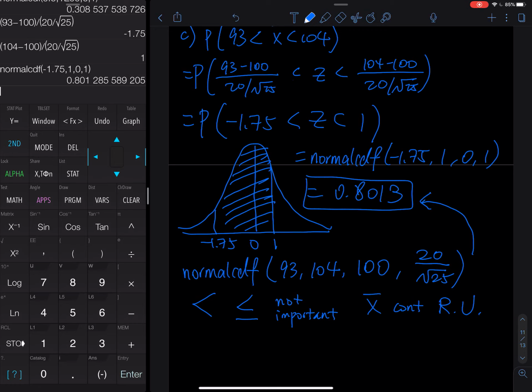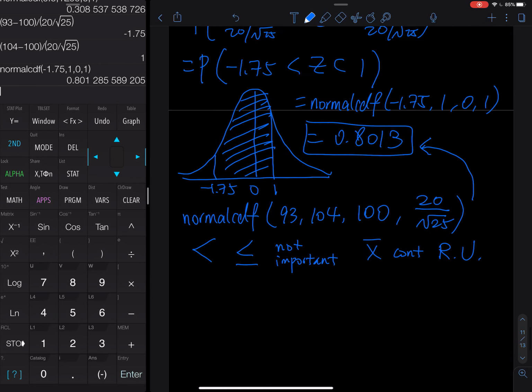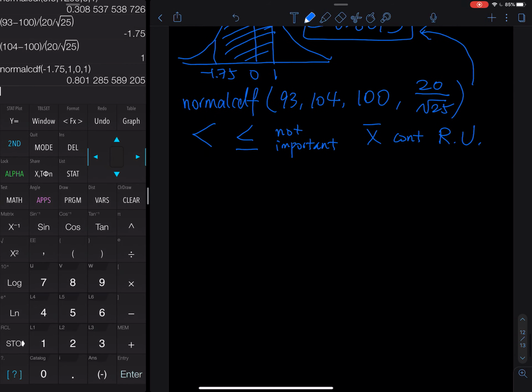The first one is at most 85 hours, at most. D at most, that was C, right? Yep. And then D at most, so at most is x bar less than or equal to 95.